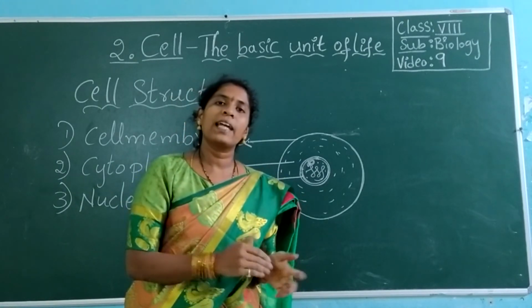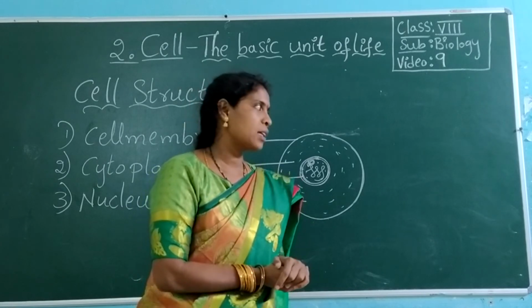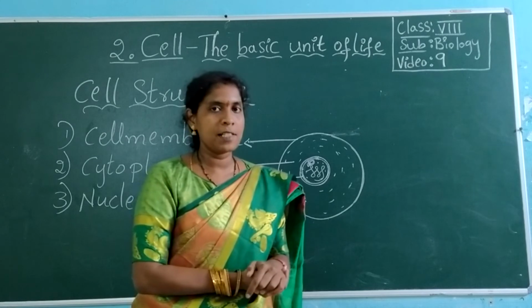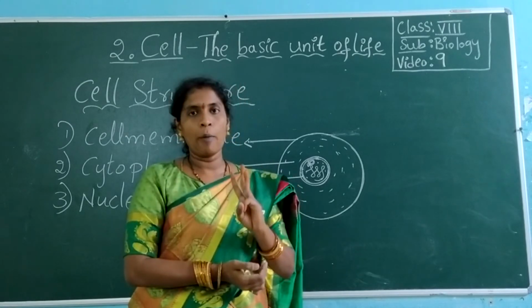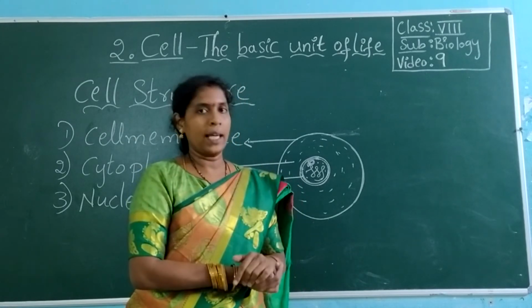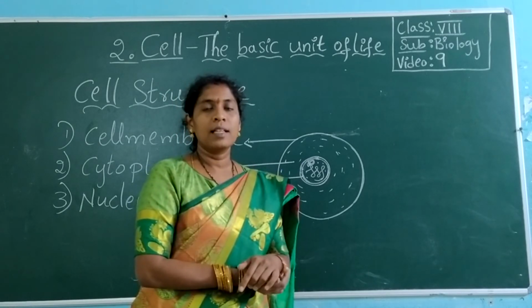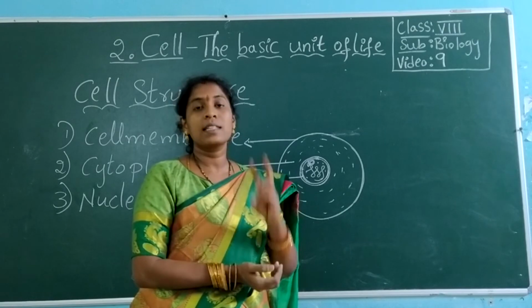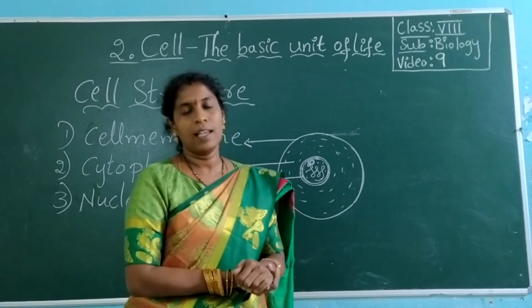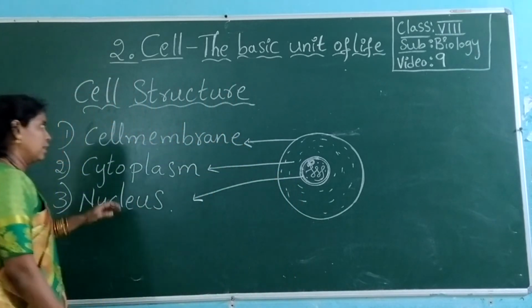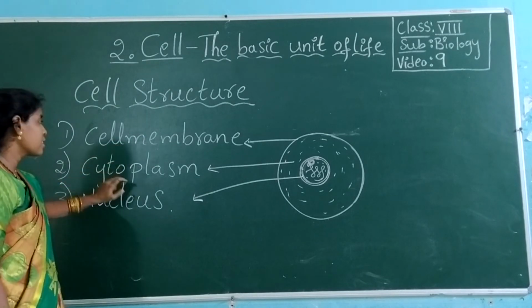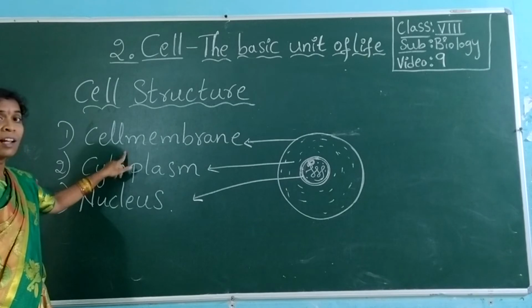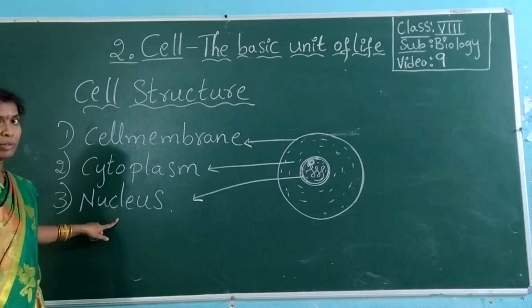Any cell, plant or animal or human, any microorganism, has three common parts. Don't include virus. Virus is not a cell. Except virus, any living organism on the earth has three common parts in a cell. What are they? Cell membrane, cytoplasm and nucleus.